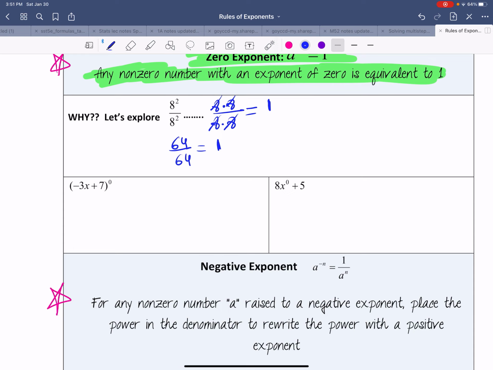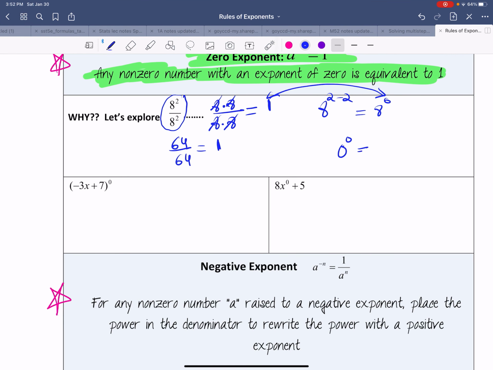Using the rule of subtracting exponents that we just talked about, if you are dividing and your bases are the same, then you simply subtract the exponents, which turns out to be a to the 0. So that tells me that anything to the 0 power is equal to 1.